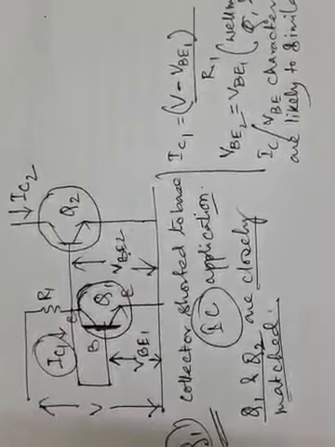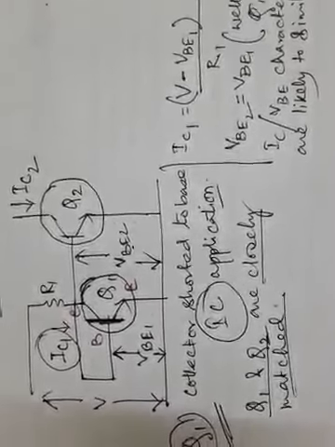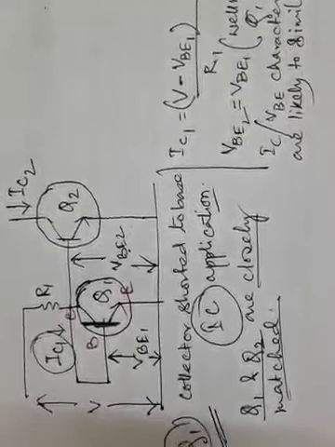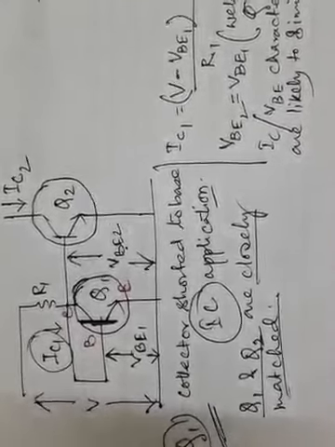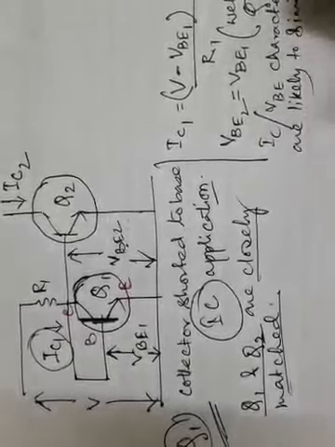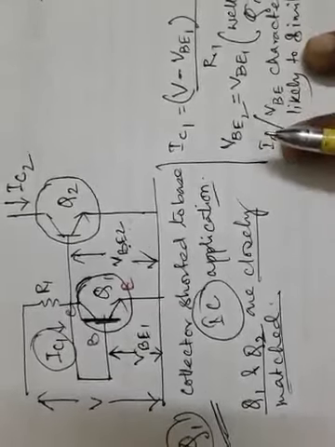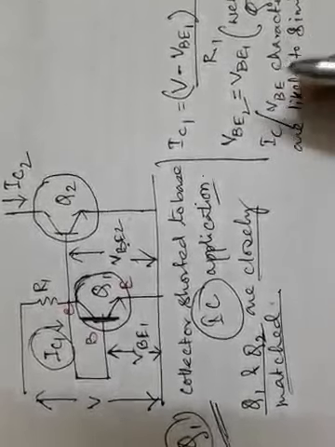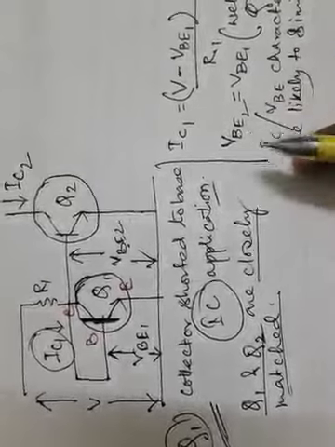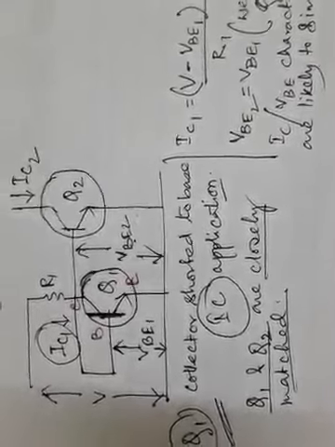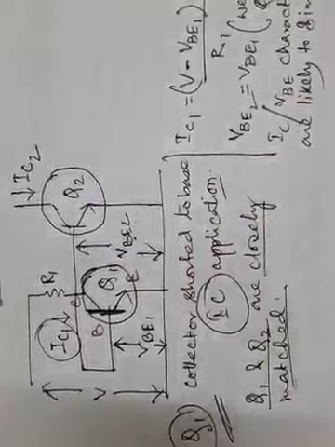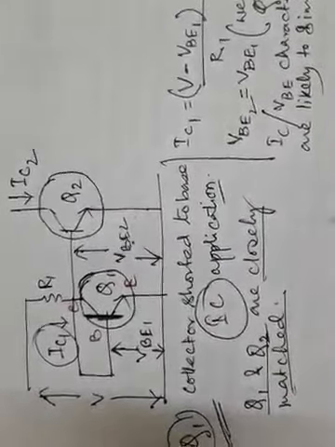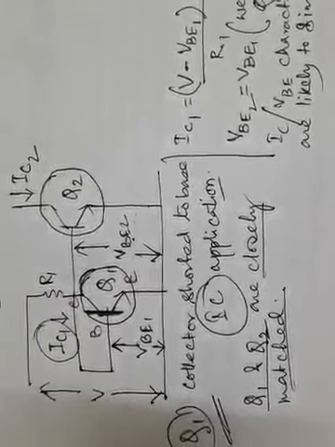That means VBE at the input, and for that IC at the output, it will behave like a diode. So the characteristics between VBE and IC of the diode, and for these two transistors, since they are well matched, these characteristics are likely to be similar or the same.